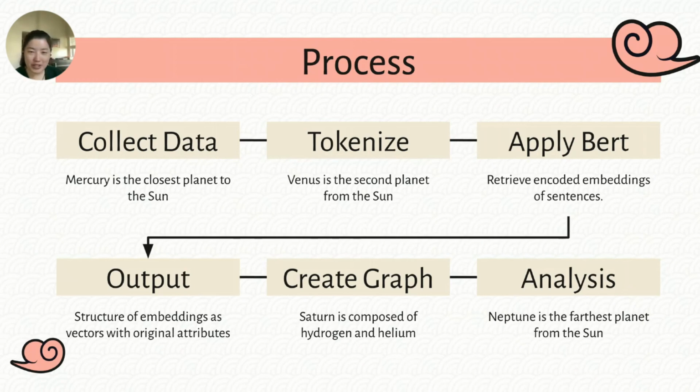When you output that, you basically get a vector, an extremely long set of coordinates. In addition, the output includes different columns of the original attributes, so those are all preserved. And that can all go into the graph part, which is the next step.